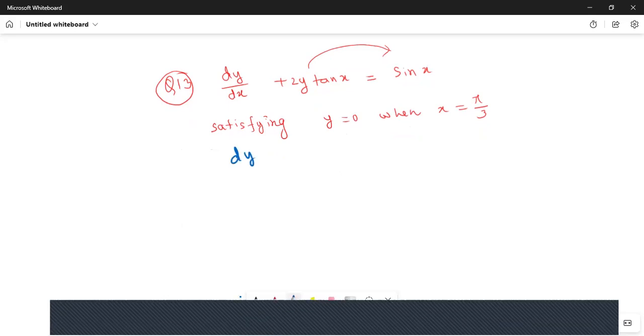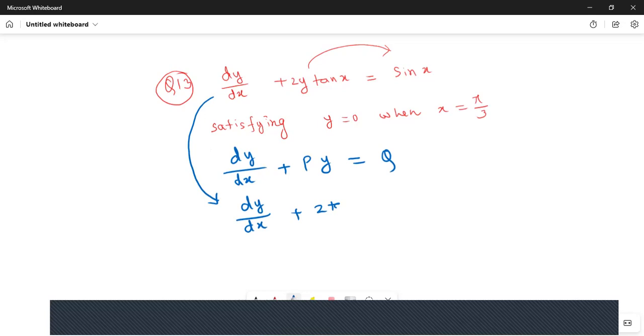So dy/dx plus Py equals to Q. It looks like this. But then how will you write this? If you rewrite this, then dy/dx plus, you will write 2 tan x as P, with y here, and Q will be sin x only.